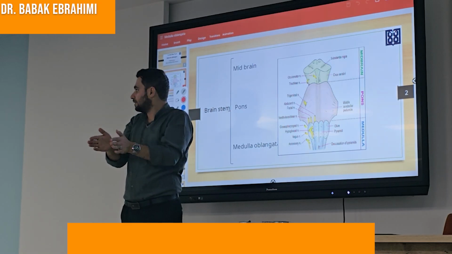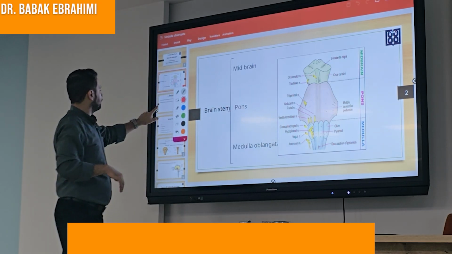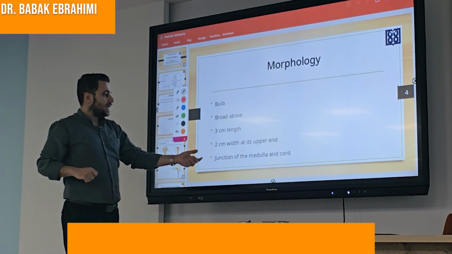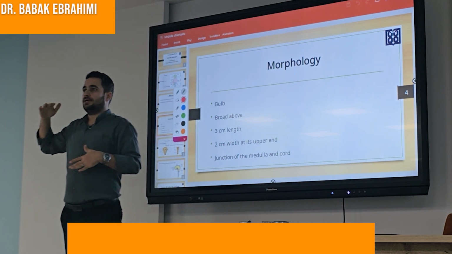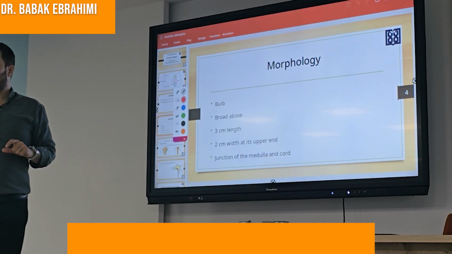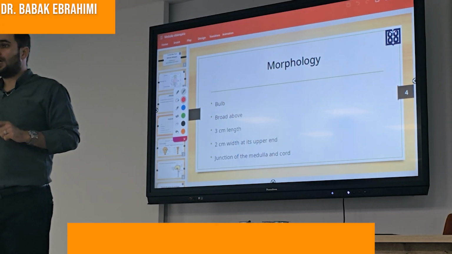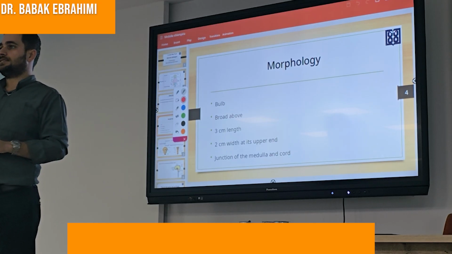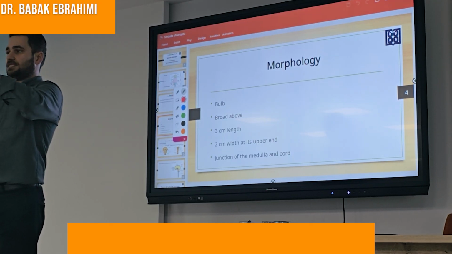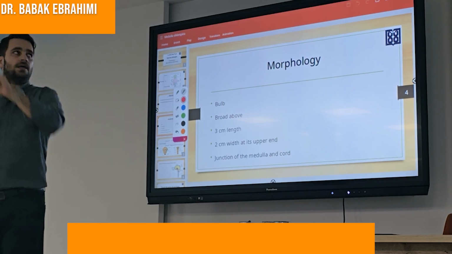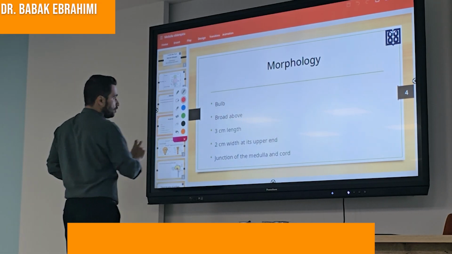The inferior part is less. Another thing about the morphology, I told you, it is a junction, or it is a station between which part and which part? A spinal cord and pons. That's true. We have medulla oblongata. In the lower part we have spinal cord, and in the upper part we have pons. Okay? So this is about the morphology.